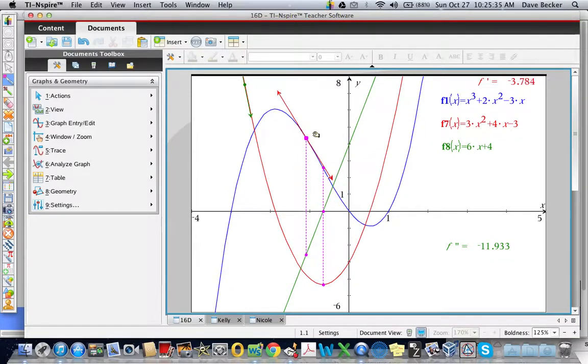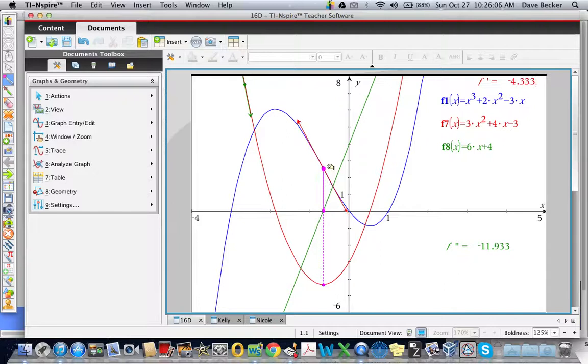The curve is concave down, and the second derivative is negative, negative, negative, and then when the curve becomes concave up, the second derivative is positive, positive, positive. One more time. Concave down, second derivative is negative if you're looking at the graph below the x-axis, and concave up, the second derivative is positive.